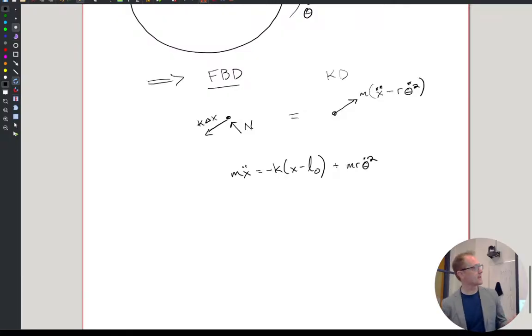So things that we could do from here is, usually the governor is assuming some kind of steady state. So when a is 0, now m r theta dot squared equals k (x minus L0). Or, yeah, x, sorry, that would be an x.